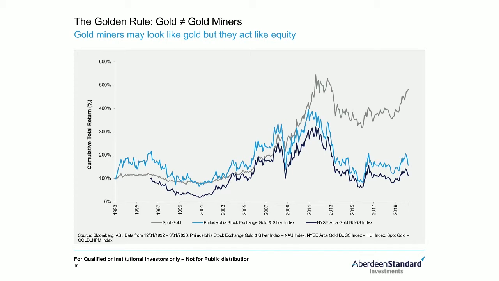They borrow money to drill these mines and to hire people, and the results are going to be slightly levered to that extent as well. But really, that's where the similarities end between physical gold bullion and gold miners, in that when you're owning a gold or a precious metals bullion-based ETF, or holding bars or coins for that matter, you're getting the price return of the metal itself, and that's it.